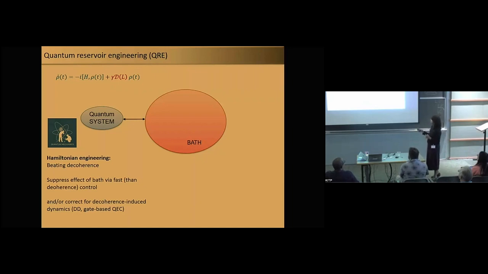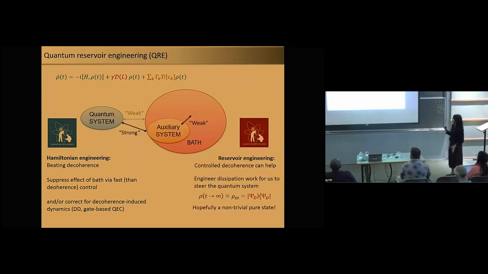The idea of Hamiltonian engineering, which has been the prevalent view of quantum information processing, is to make these quantum systems as pristine and as coherent as possible, or to use clever pulse engineering like dynamical decoupling to suppress the errors induced on the dynamics of these quantum systems because of these uncontrolled interactions.